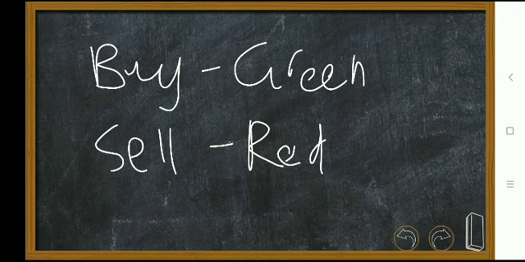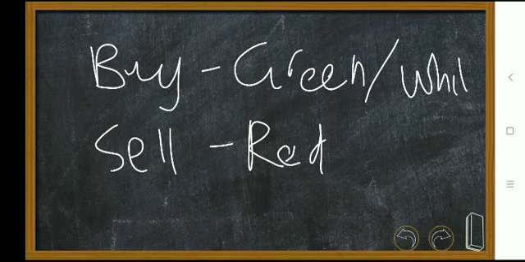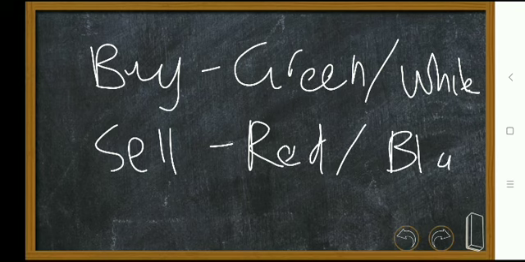And in some cases, you might find that the buy is white, then the sell is black. But these are not that important. You can set the colors yourself, as long as you understand how a buy candlestick or a sell candlestick came about. Then it's fine. These were just the default examples.